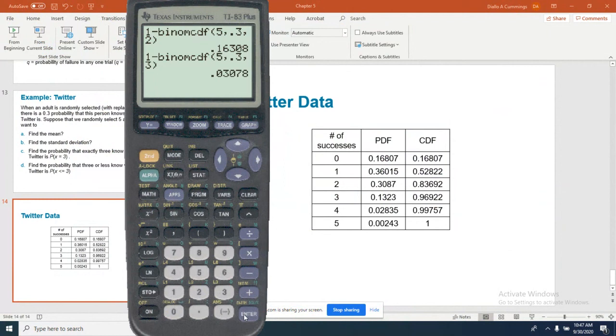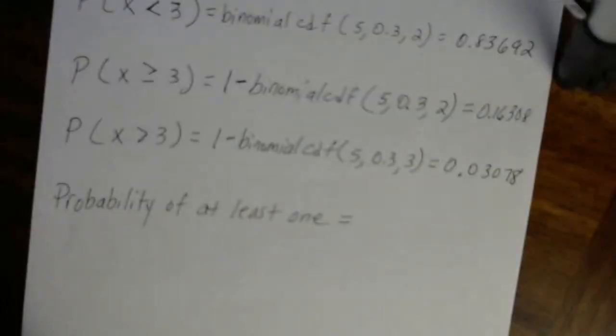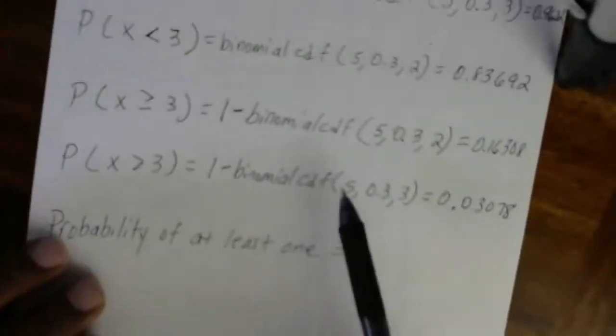And we have 0.03078. All right, so are there any questions about the probabilities thus far.